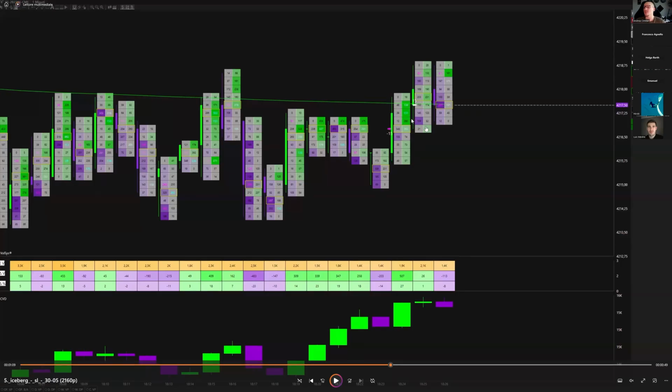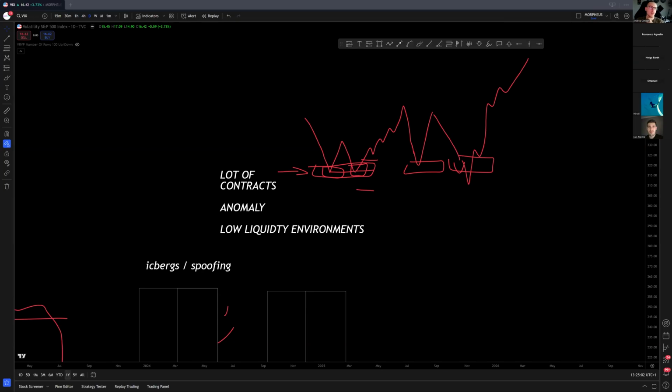So even a 1,000 or 2,000 contract iceberg will be like a hot knife going through butter, okay? And there are going to be some stops here and they will be swept. So they will hit the bid, then hit the ask very quickly, and you will be executed at the best price because your aggressive order is in a queue of market orders, and you can get a slippage on your stop loss. And this is what happened here.